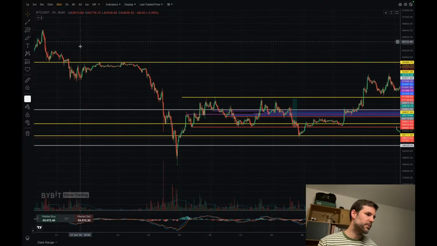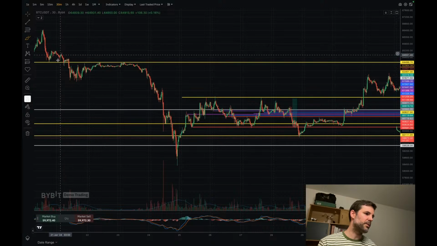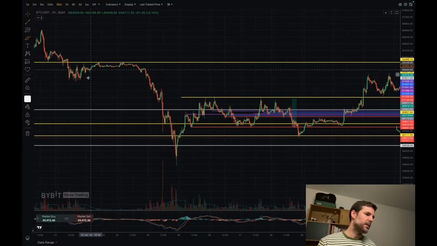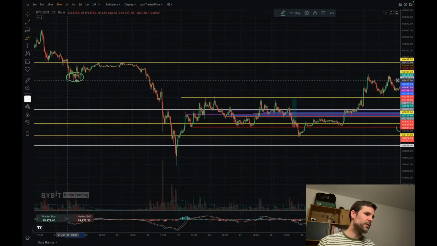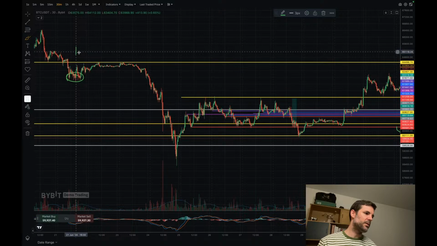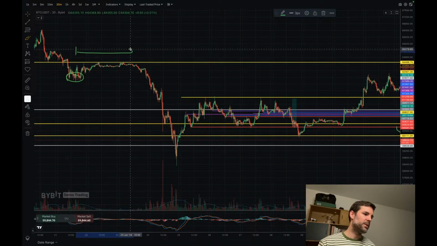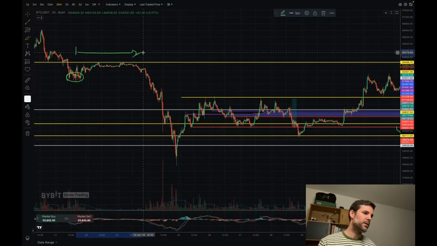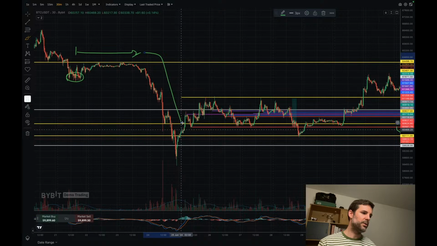So if you enter a swing trade, let's say here in an altcoin, not Bitcoin, and you enter long, and it's going well, a bit sideways, and then it decides to dump, right?